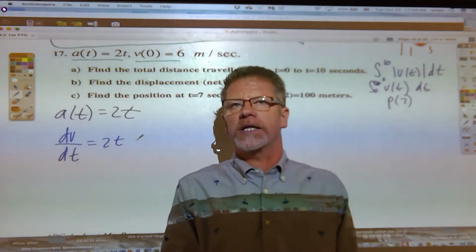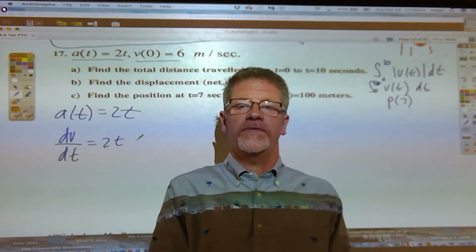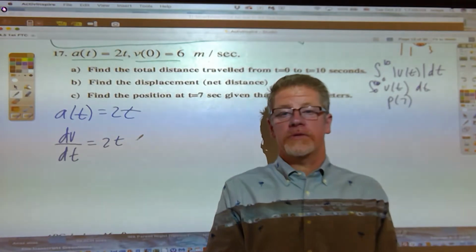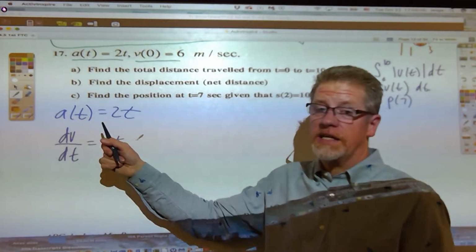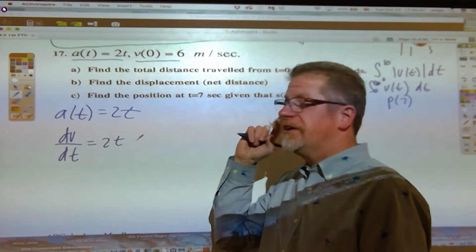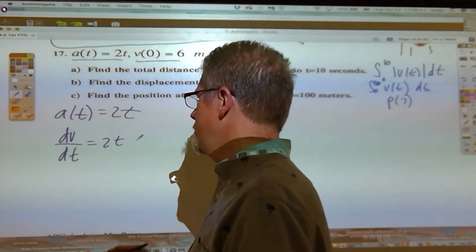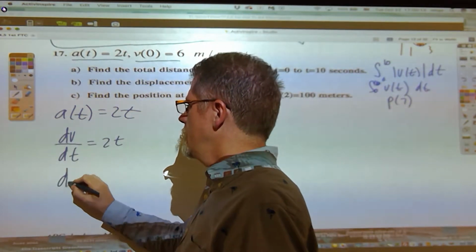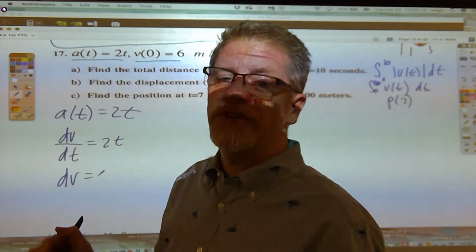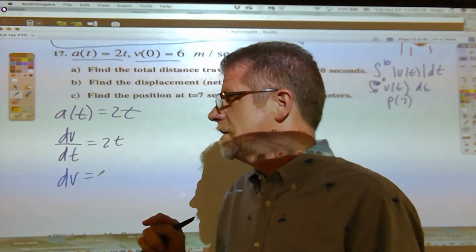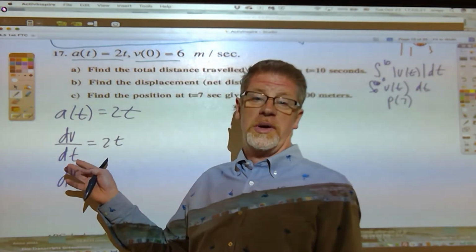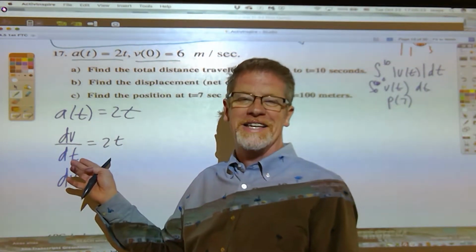So let's separate one variable on one side, the other variable on the other. The 2 variables are v and t. We'll put v's on the left and t's on the right. So it's almost as if you have dv over dt, and we're going to multiply both sides by dt.